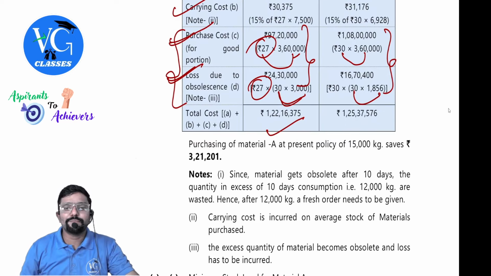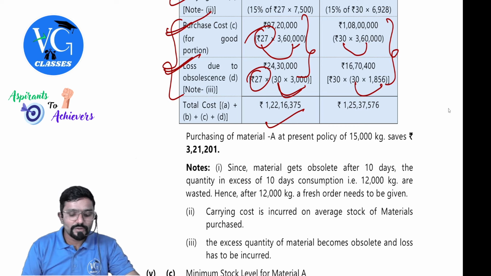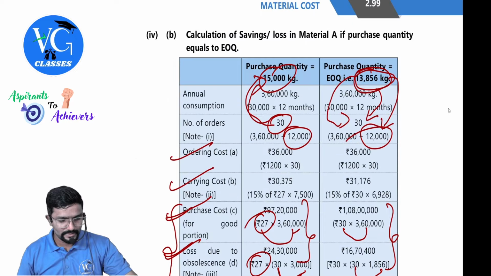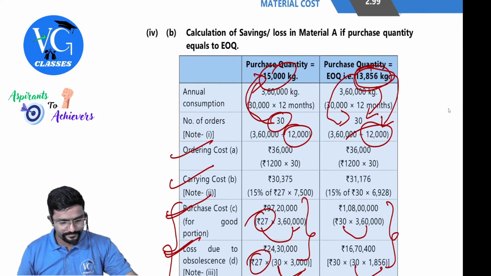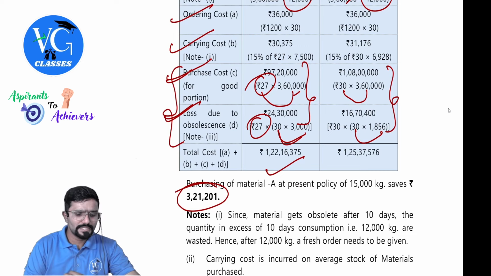Purchasing material A at the present policy of 15,000 kg saves 3,21,201. 3,21,201, guys. That is the answer. Oh, just a minute, let me look at how they have given the options.